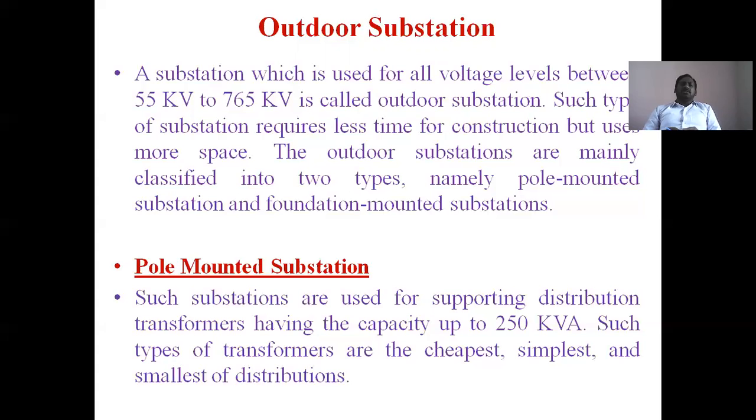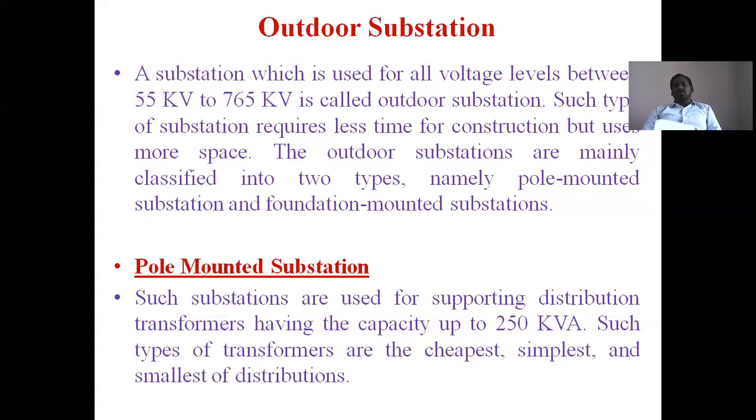Generally, 66 kV is there for very large consumers, so for those types of substations we can use an outdoor substation. For that much voltage we do not provide insulation indoors; it is very complex. That's why we go for an outdoor substation. Such a substation requires less time for construction but uses more space.